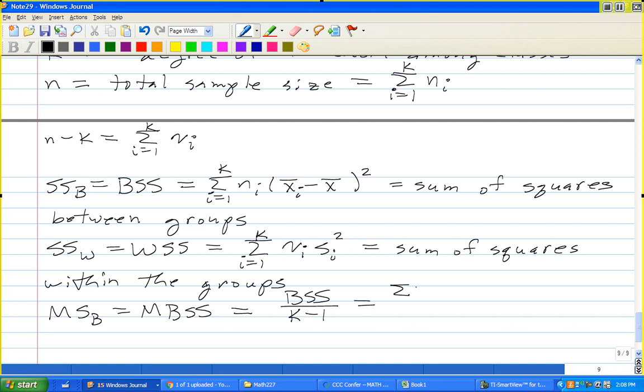So this is the sum, i equal 1 to k, of ni times (x̄i minus x̄) squared, all over k minus 1.